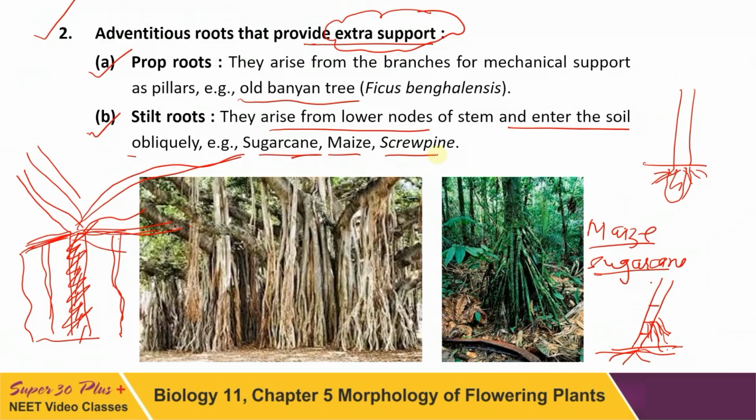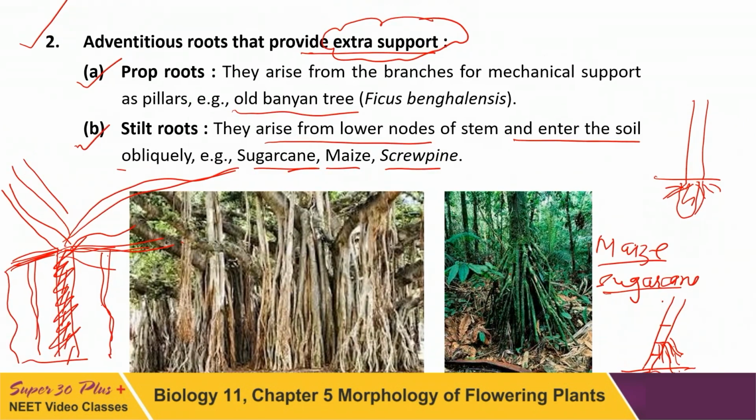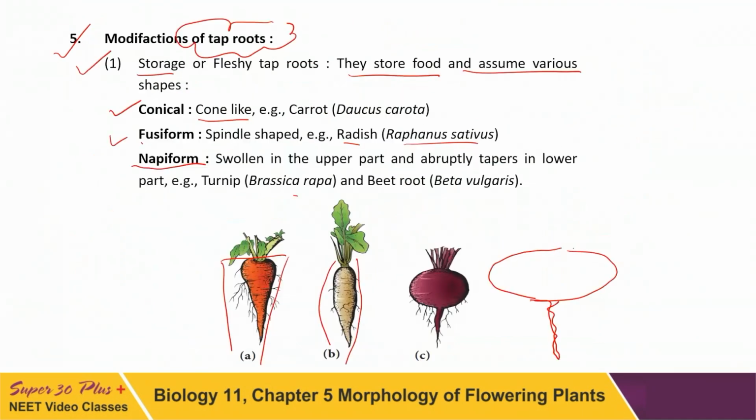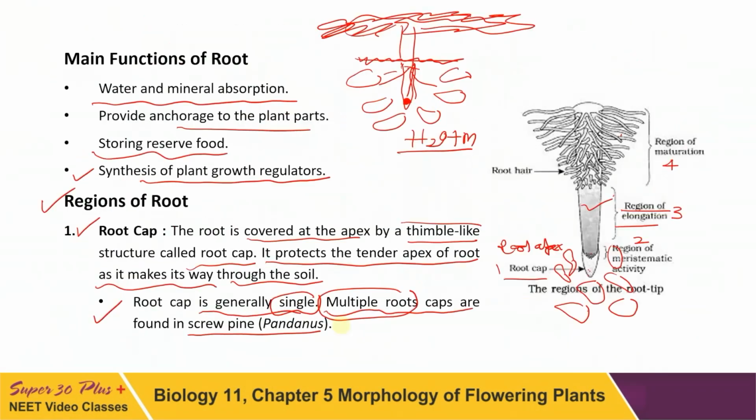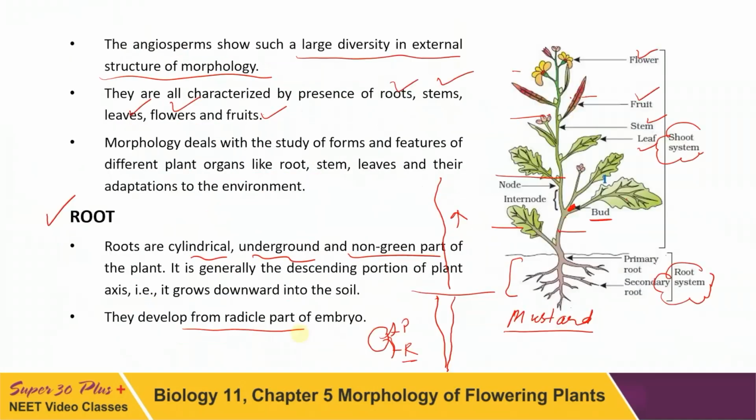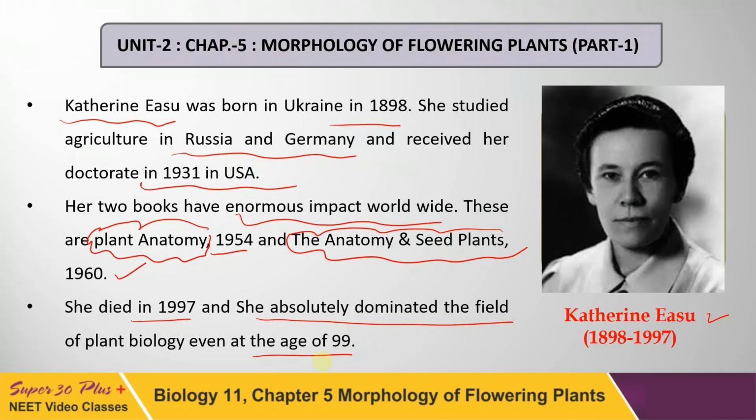Is it right? Now if you go a little back, we can summarize. This is unit 2, chapter 5, Morphology of a Flowering Plant, and this is part 1.